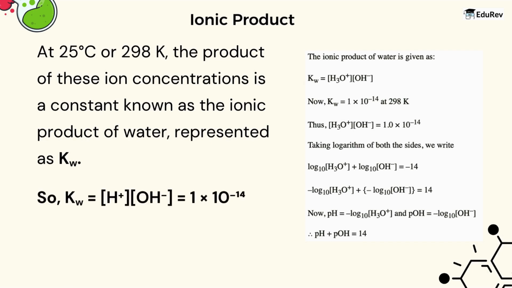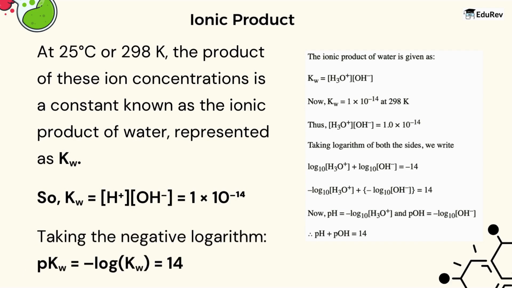So, Kw is equal to concentration of H plus multiplied by concentration of OH minus, which in turn gives 10 raised to power minus 14. Taking the negative logarithm, pKw is equal to minus log Kw is equal to 14. Also, pH plus pOH is equal to 14.